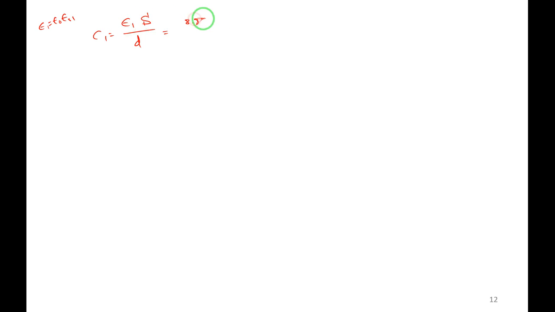Epsilon naught is 8.854 into 10 power minus 12, into epsilon R1, which is 1.5, into the surface area, which we have not yet calculated. It is 1 centimeter by 4 centimeter.